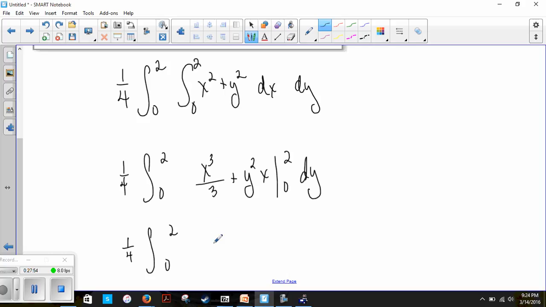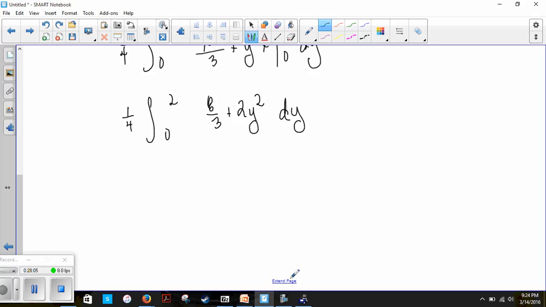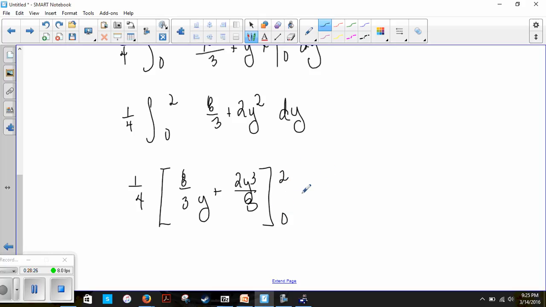Plug in my 2, 8/3 plus 2y squared dy. I guess we don't need to write that now because we know how to do the rest of this. 8/3 y plus 2y cubed over 3, which is pretty much as good as it's going to look, and that goes from 0 to 2.